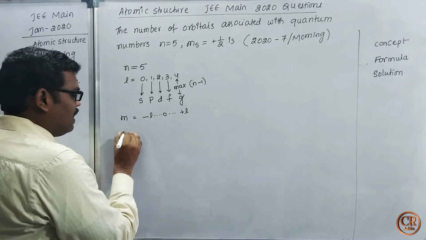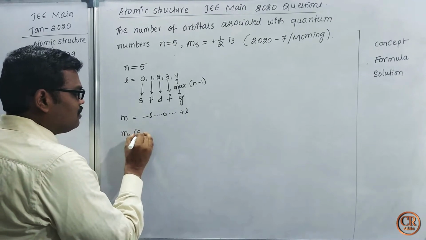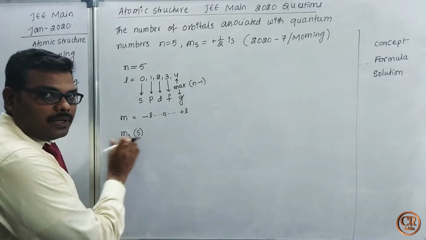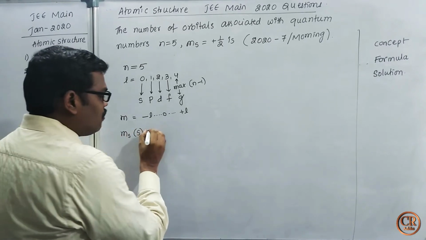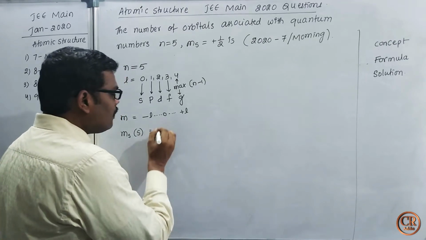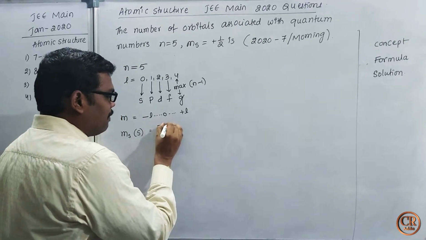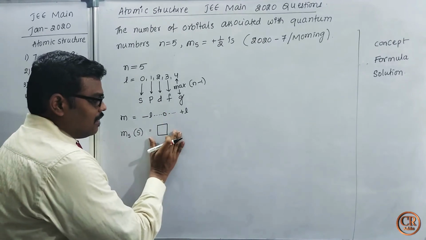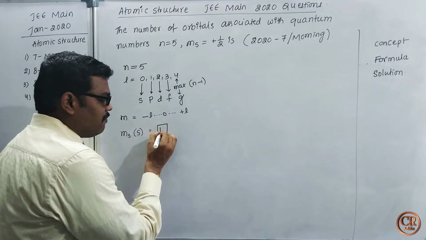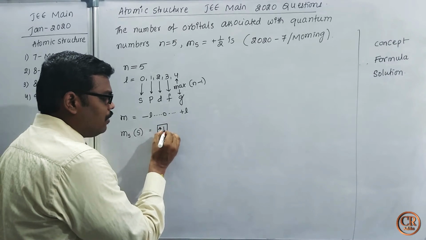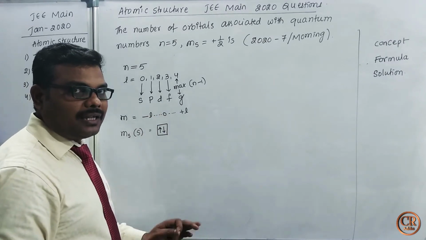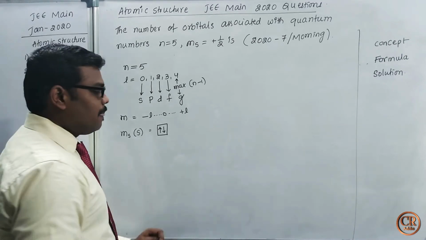Next, the ms value, which we can also represent as S, is the spin quantum number. Now, if you take any orbital, I am going to represent one orbital. This is an orbital. In this orbital we can fill a maximum of only 2 electrons. This is according to Pauli's exclusion principle.